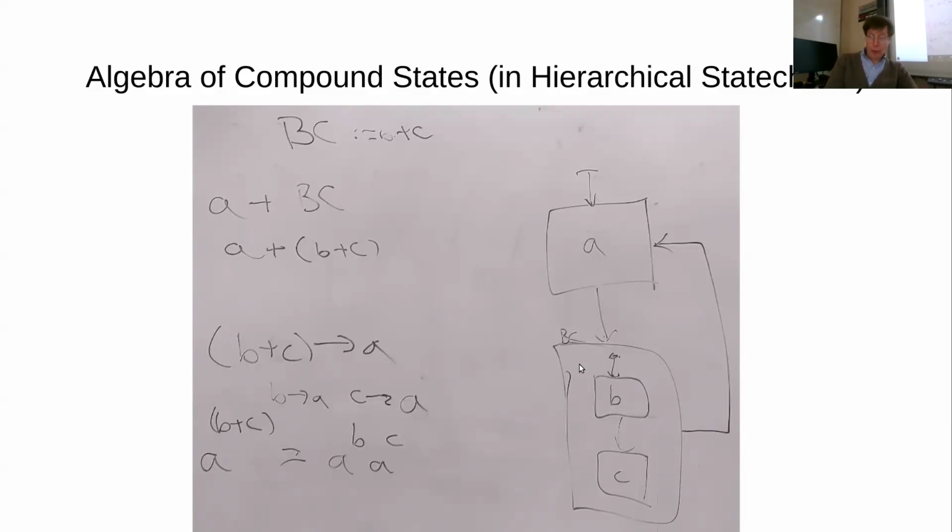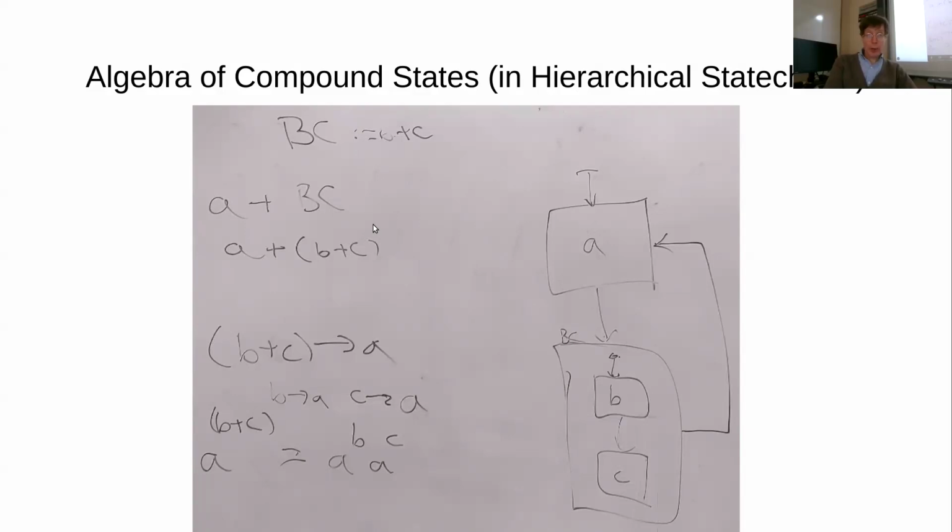As we noted before, the compound state's states are characterized as the disjoint union or coproduct of B and C. It can be in either this or that.